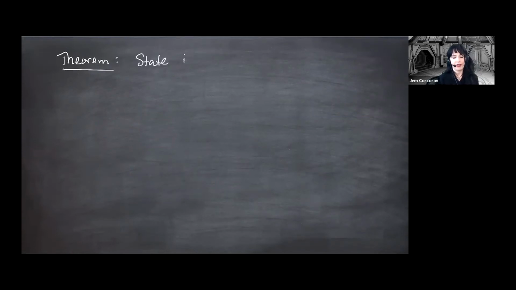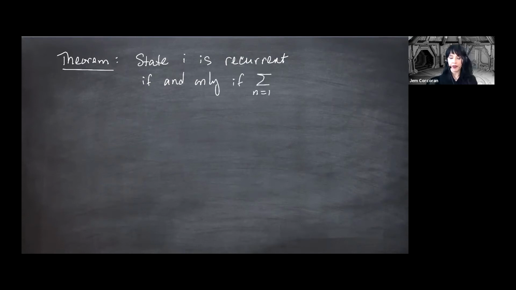State I is recurrent if and only if the sum as n goes from 1 to infinity of p sub I I to the n, the probability you go from I to I in n steps, is infinite.